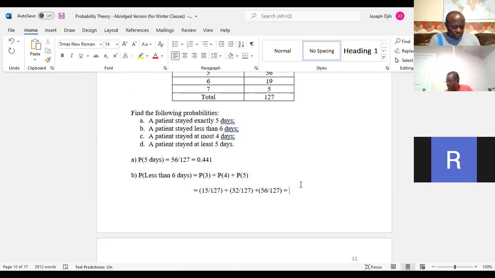I got 15 over 127 plus 32 over 127 plus 56 over 127. So let's put this in a calculator and see what the outcome will be.